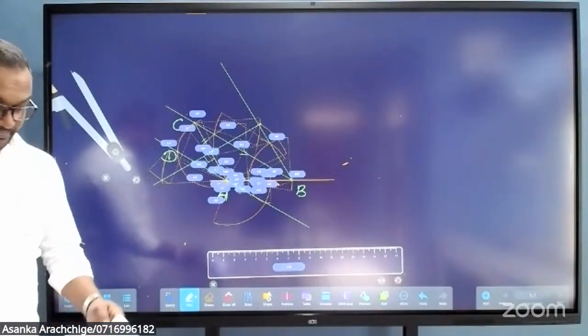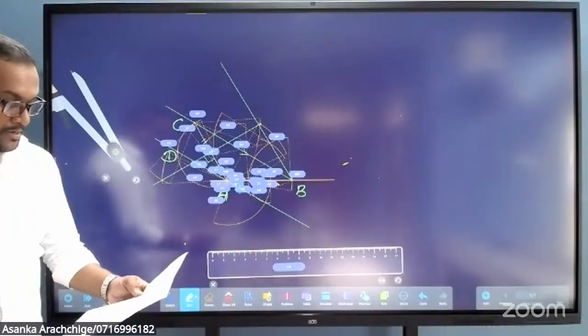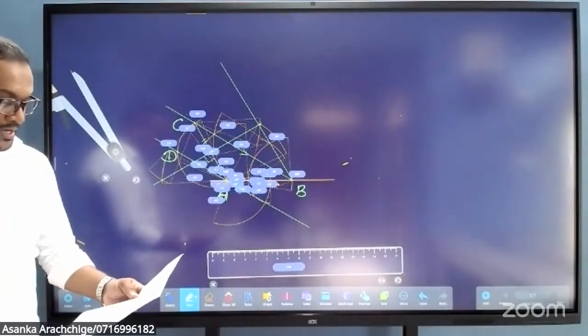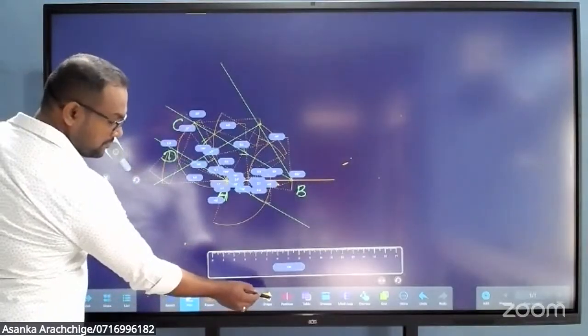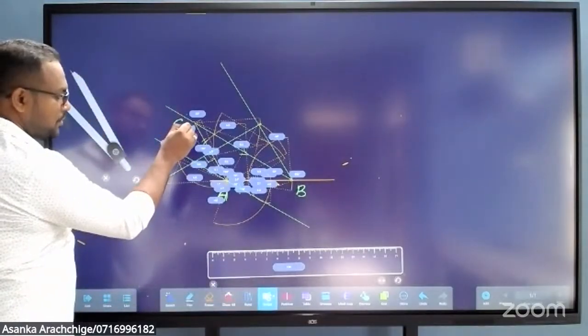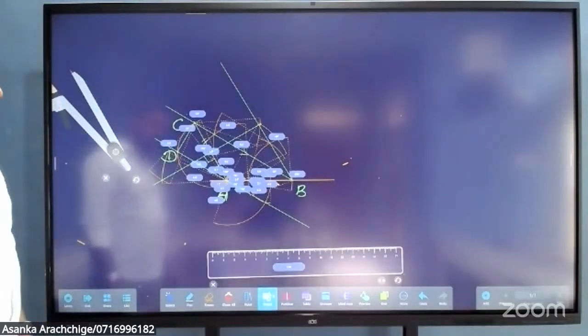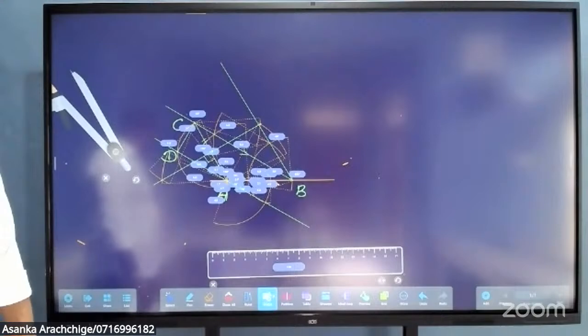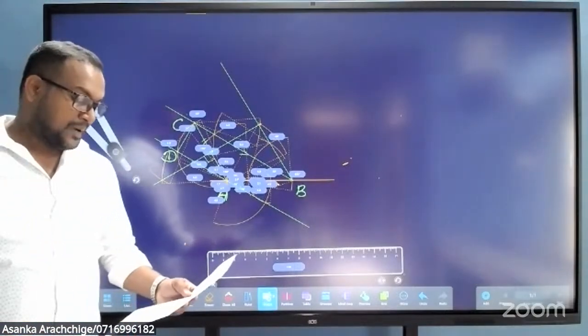And join CD. Join C to D like this. Is that clear so far? මේ දක්වා පැහැදිලිද? Right.